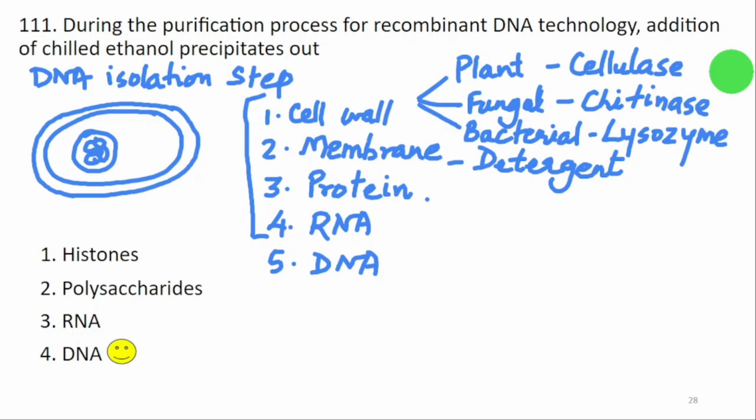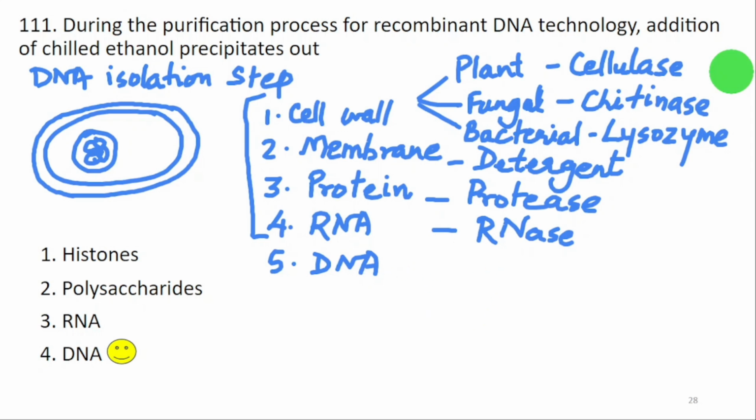So the lysate is then treated with proteases to digest all the contaminating protein. To digest RNA, the enzyme is called RNase. So contaminating RNA will also be digested. So what is left in the lysate, in the solution, is DNA.